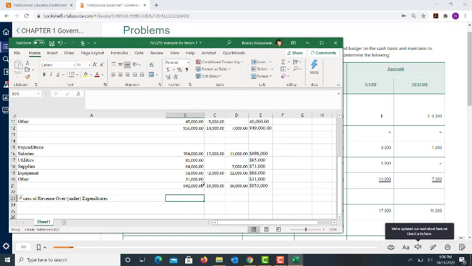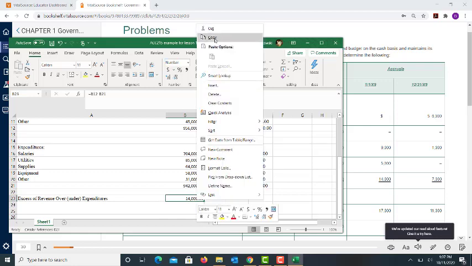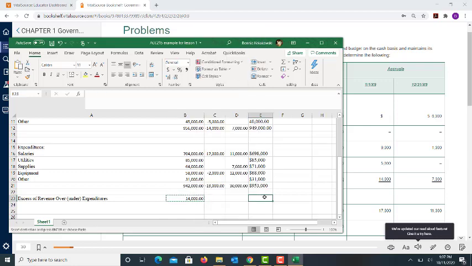So that is going to be taking the revenue minus the expenses. Hopefully I can copy this formula over. And voila, there's our answer. And this is for the first part of the problem.